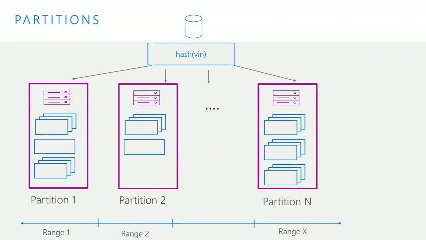Okay, all right. So just to peel back the scenes a little bit to what's actually happening behind the scenes, in all these magic boxes, each of these purple boxes is a physical partition where Cosmos DB stores your data. Each of these blue boxes is a logical partition. A logical partition just means any data with the same partition key value is in the same logical partition.